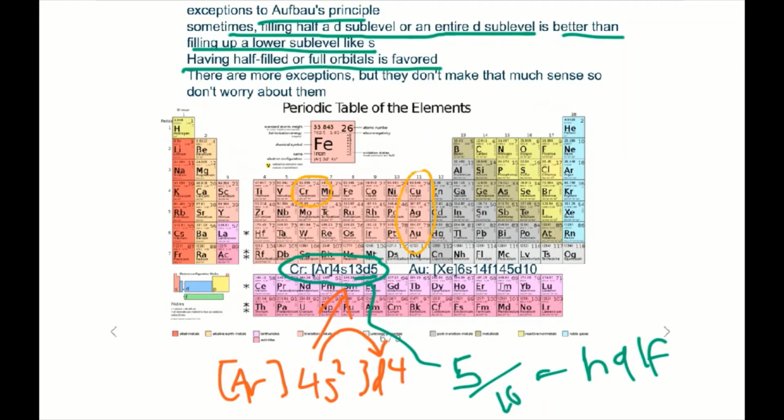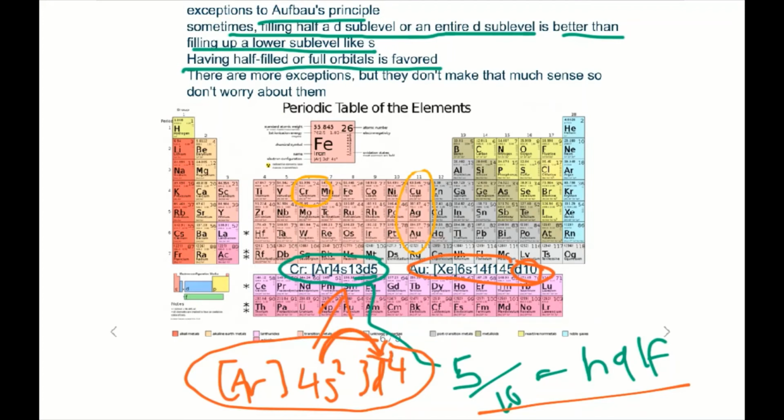Same thing for gold. Gold is 6s1 4f14 5d10. Notice how it's supposed to be 6s2, but it became 6s1 because it sacrificed one 6s electron to fully fill the d orbital. So if you write out the electron configuration normally for chromium, you get this. But if you want a half-filled d sublevel, then you move one electron from here to make that.